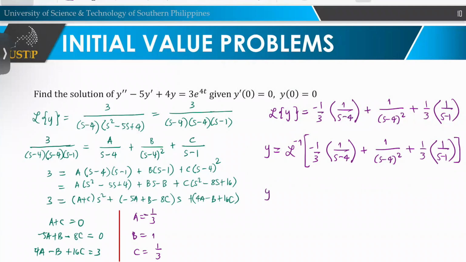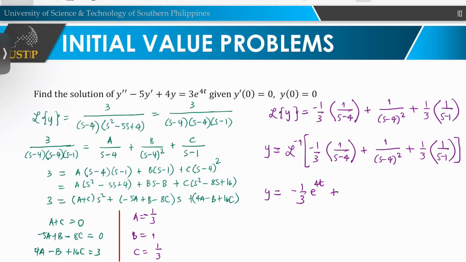So, y, class, is just equivalent to negative 1/3, now, 1 over s minus 4, inverse Laplace transform is e to the 4t. Okay? And then, plus, 1 over s minus 4 squared, class, we know that 1 over s squared, Laplace transform niya is t. Pero tungod sa shifting, nag-shift siya, s minus 4 instead of s lang.